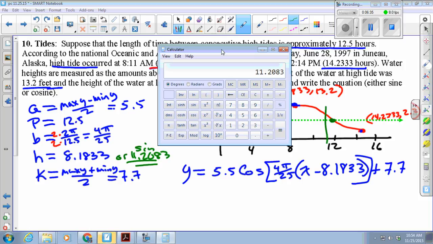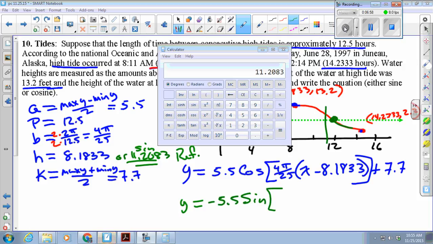Okay, so everything else is going to be the same. Now, how accurate is this? This could be an estimation. So y equals, and this is going to be a negative, right? This is with the reflection here, because I'm starting at that point going down, which means that this has got to be negative 5.5 sine of (4 pi over 25)(x minus 11.2083) plus 7.7.